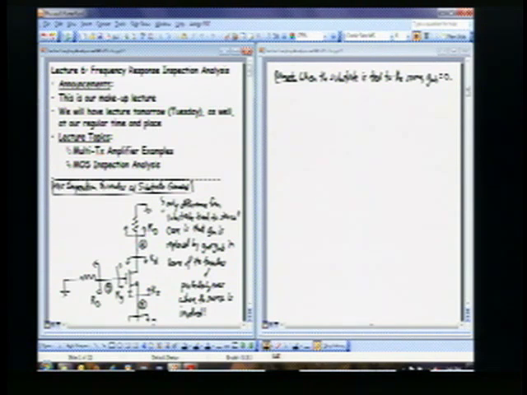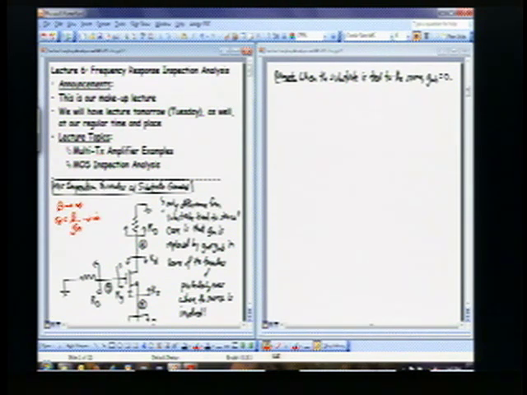The main difference between bipolar and MOS is that in MOS, beta is infinity, and that makes the input resistance R pi also infinity, because R pi equals beta over gm. Beta goes to infinity for MOS, and that means R pi, which equals beta over gm, also goes to infinity.